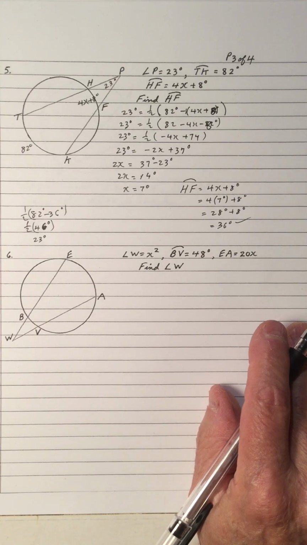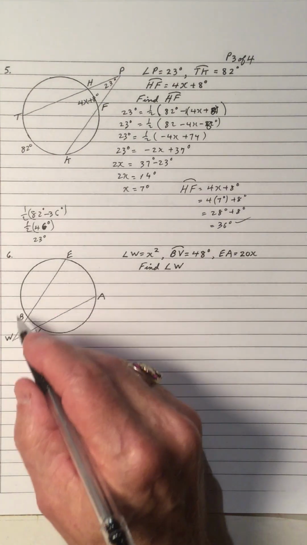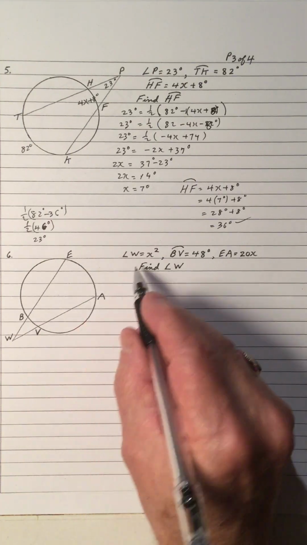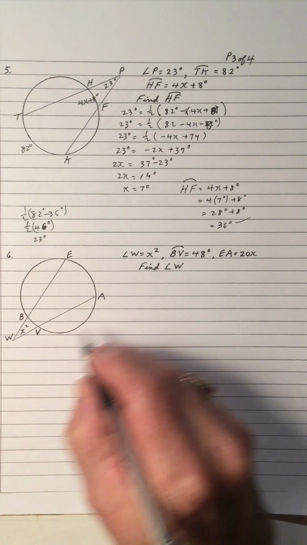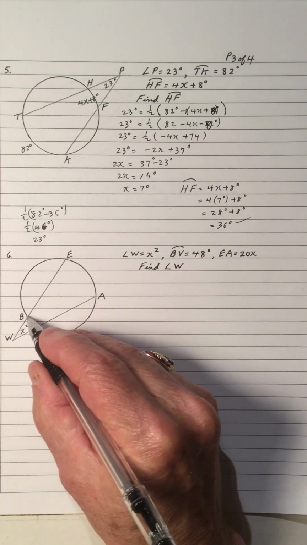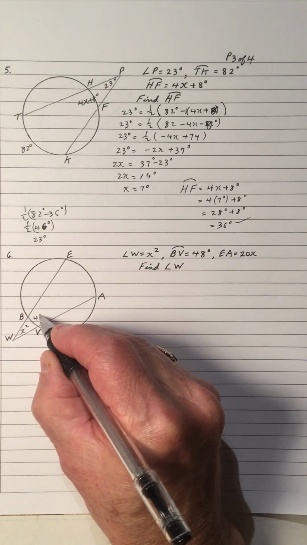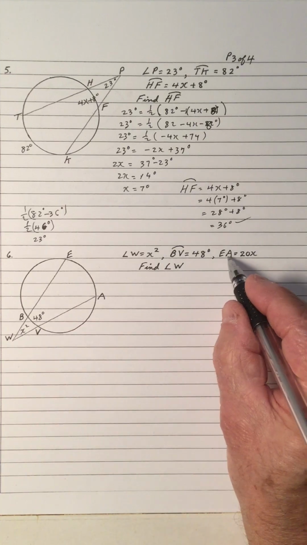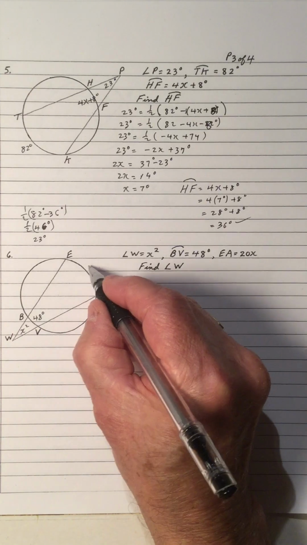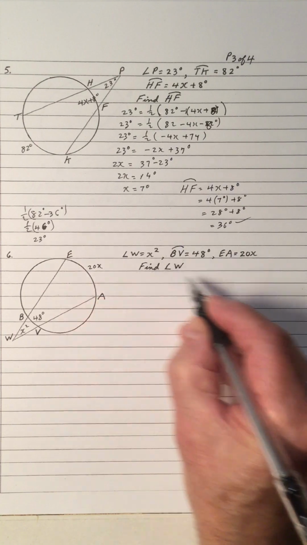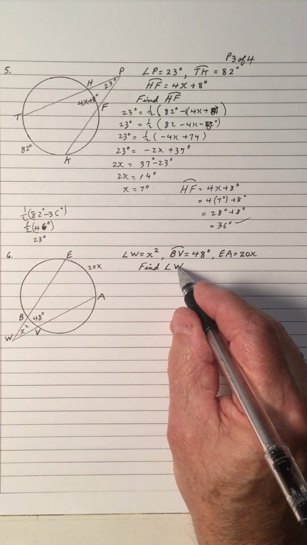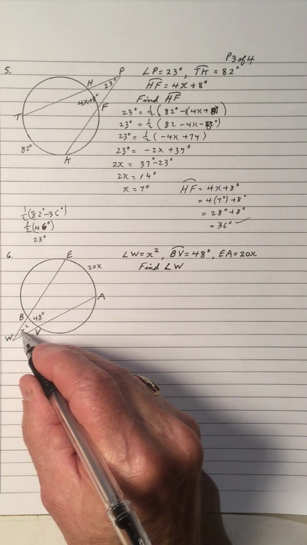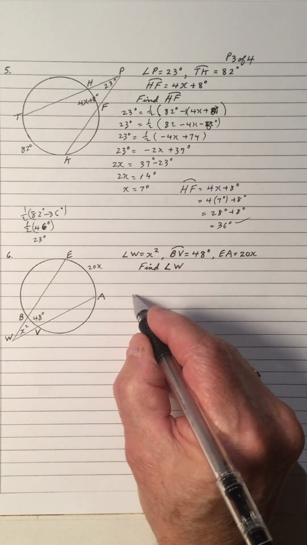Number 6. Again, we have the diagram drawn. Now we have angle W is x squared. The arc BV is 48. The arc EA is 20x. Find the measure of angle W, this one. Okay, here we go.